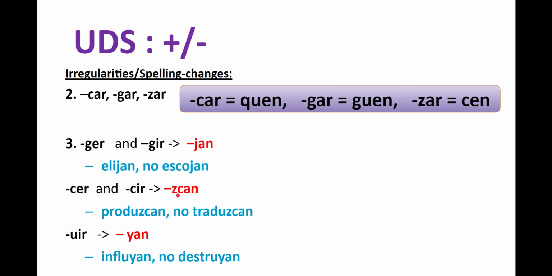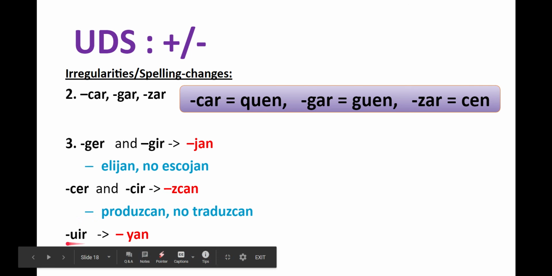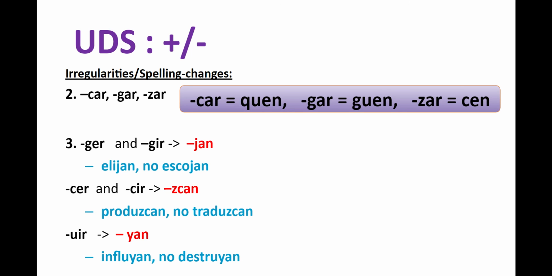So drop the O and swap the ending to make the command. UIR verbs include a YO at the end of the present tense. Influyo, destruyo. Since that's the yo, including the Y, then take the O, drop it, swap the ending.